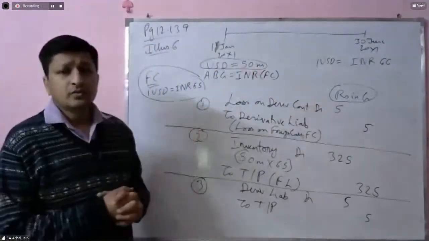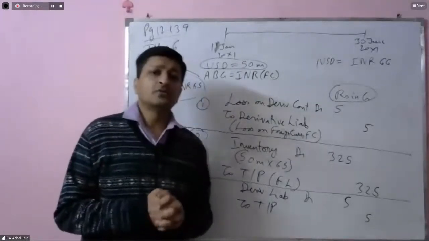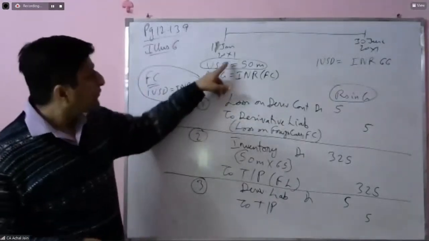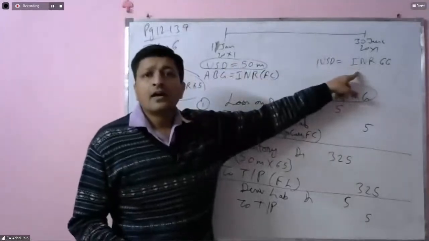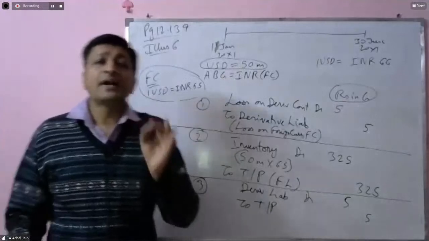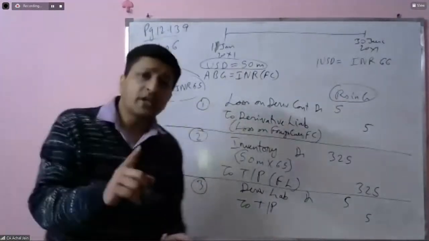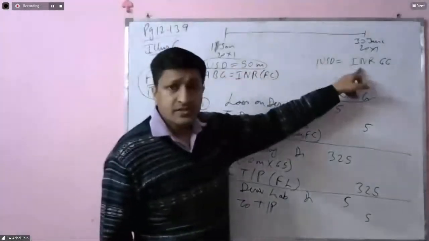On 30th June, ABG will be required to pay 50 million USD at the rate of 66 per USD. So that means his total liability on 30th June should be 50 million into 66.